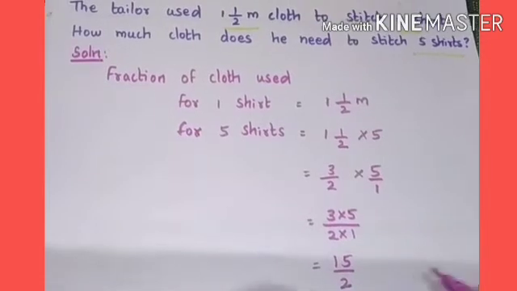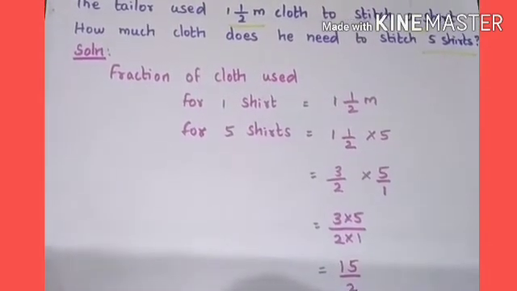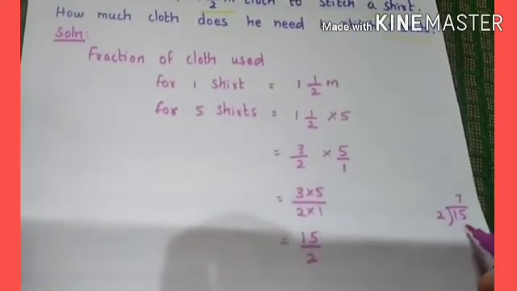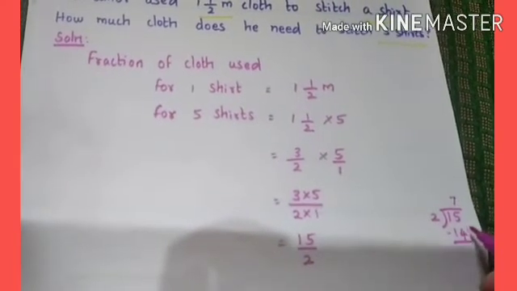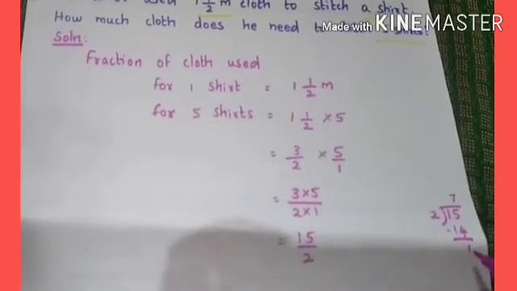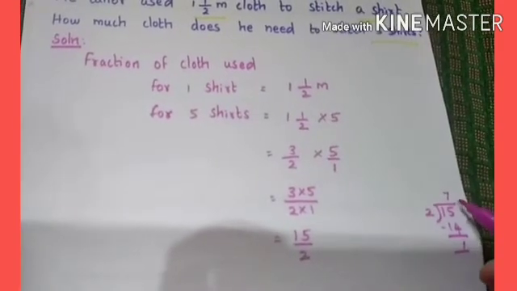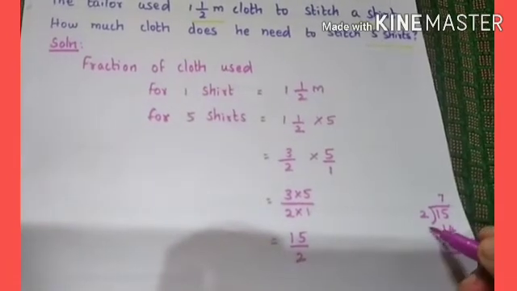So we have to convert it into a mixed fraction. Let's convert. Divide 15 by 2. 2 sevens are 14. Then subtract 14 from 15. We get 1. Let's write in mixed fraction form. That is quotient, remainder by divisor.